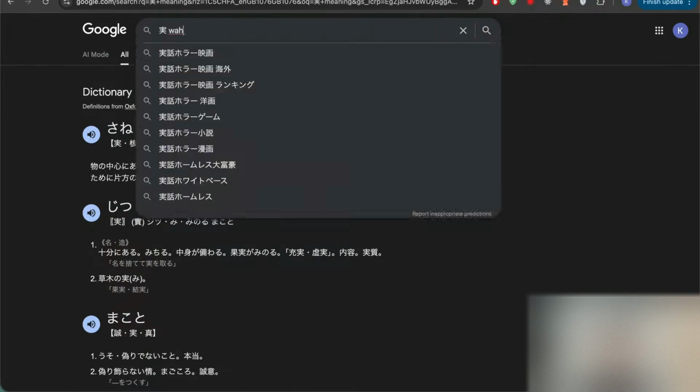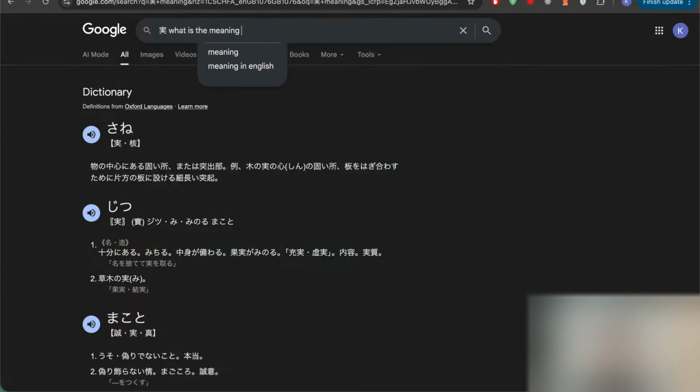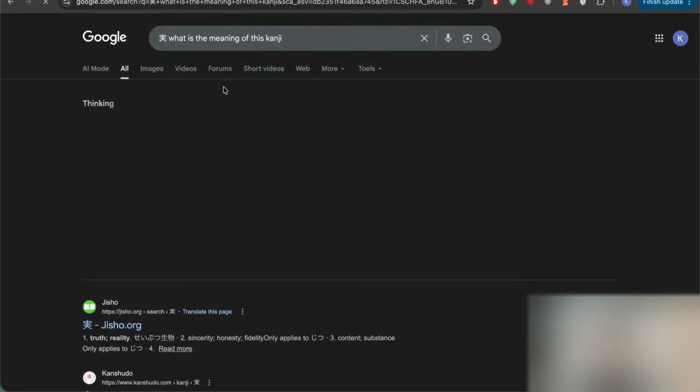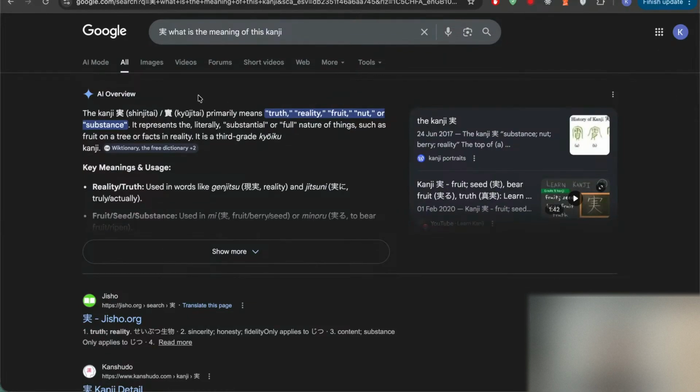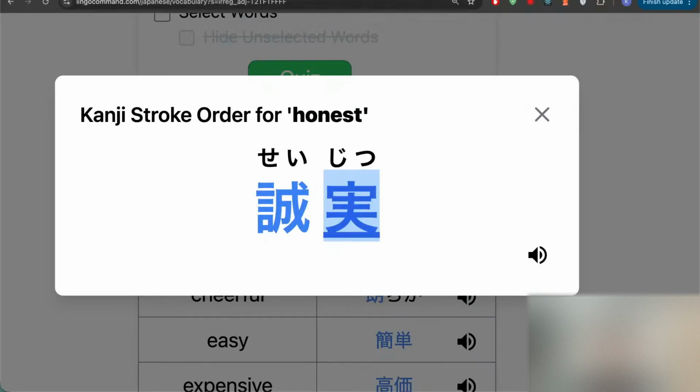What is the meaning of this kanji? Truth, reality, fruit, nut, or substance. It represents the literally substantial or full nature of things, such as a fruit on a tree or facts in reality. It's a third grade kanji. So that means Japanese students learn it in the third grade. Interesting. So it makes sense that that kanji is in the word honest, seijutsu.